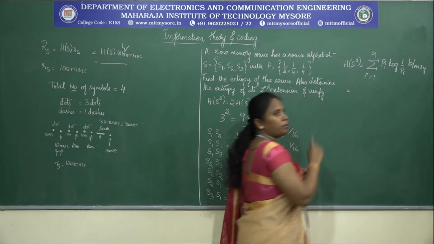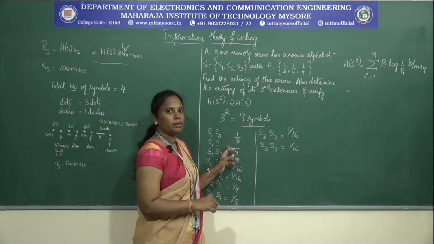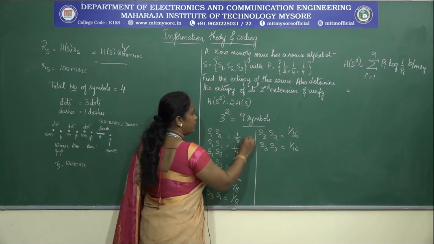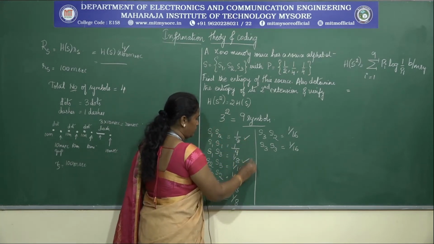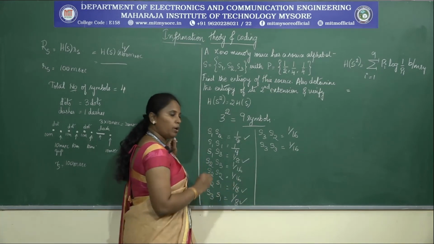Now among the 9 source symbols you can see many of them have the same probability. If we consider 1 by 8, we have 1, 2, 3, 4 source symbols with probability 1 by 8.